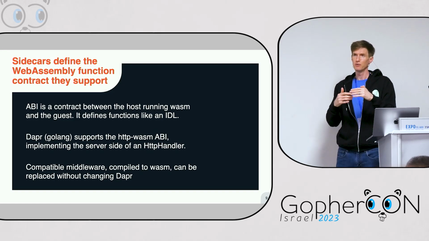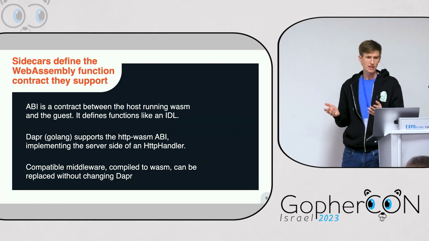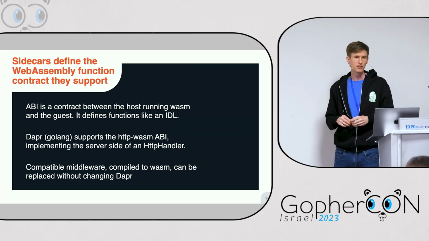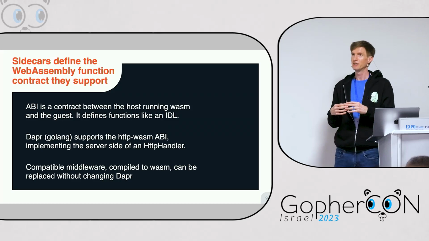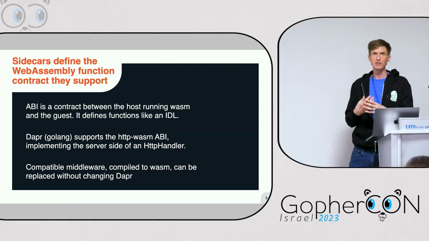You can only use those. You can't make outgoing calls or start weird things inside of it. And so the goal is to create kind of a safe environment because infrastructure generally doesn't like untrusted code. So if they're going to take some third-party code, there are going to be constraints around that.